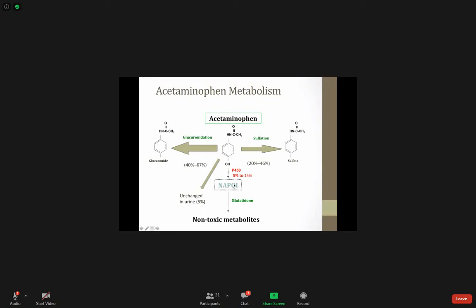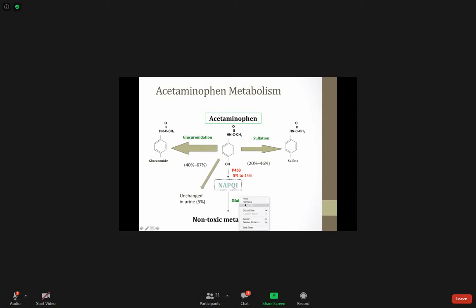It binds to the proteins in the liver cells and causes the liver cells to die, causes necrosis. Usually you and I, when we take acetaminophen, we metabolize it in these ways, and only a small amount goes through this pathway. A small amount of NAPQI is formed. We have glutathione, so we don't get toxic.